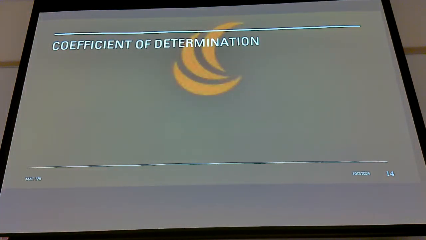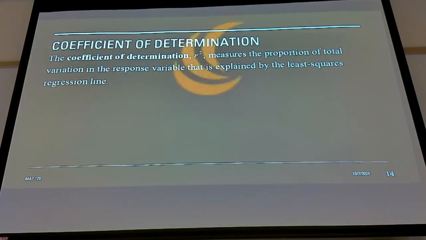Coefficient of determination is r squared. It measures the proportion of total variation in the response variable that is explained by the least squares regression line.